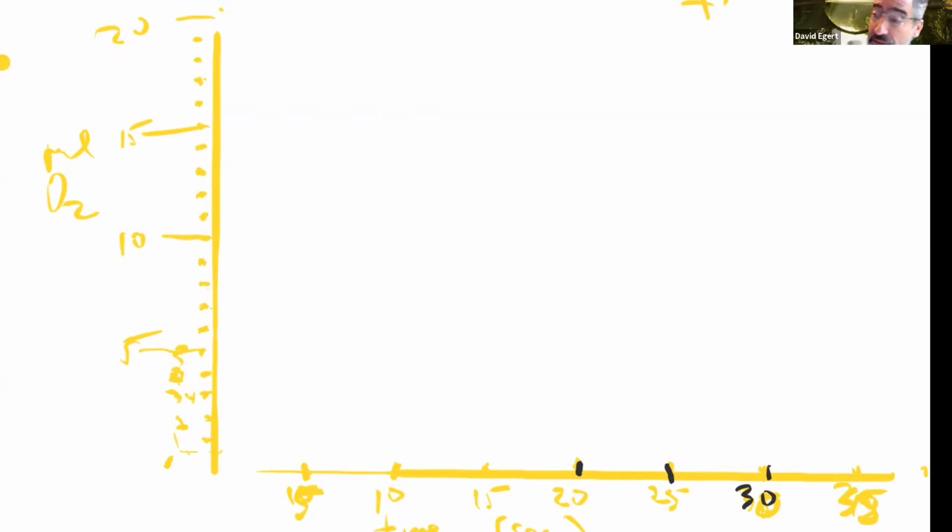I am looking at the data here, so I can just read it. At 0, it's 0. At 5 seconds, it's 0. At 10 seconds, it's 5. At 15 seconds, it's 6.5. At 20 seconds, it's 9.